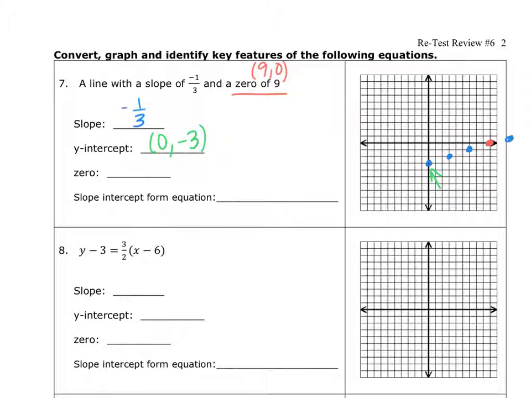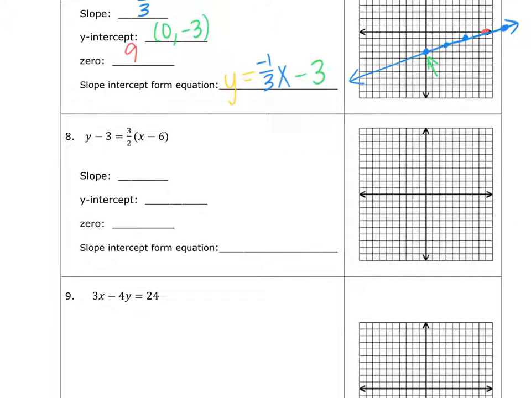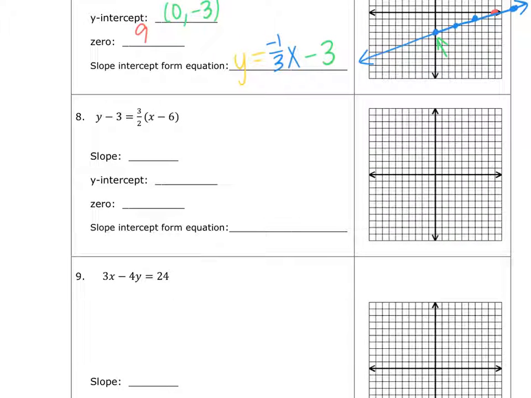And the 0 was given to me of 9. So in slope form, I have my slope times x plus my y-intercept. And then I'm going to put these in a line together because I will get points off if I do not connect the line through all of my grid.